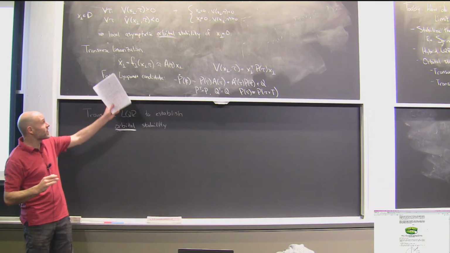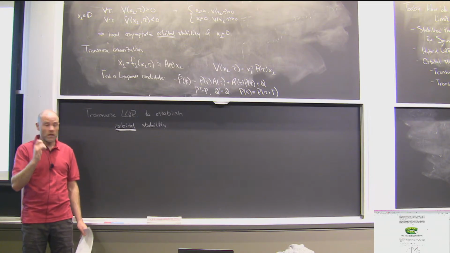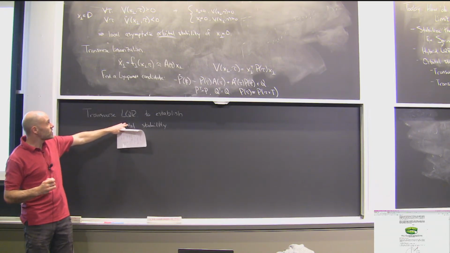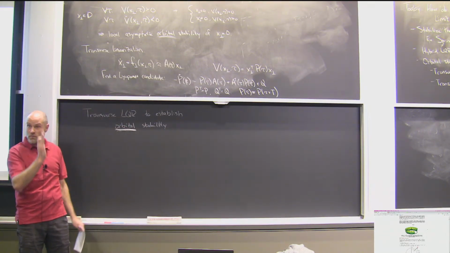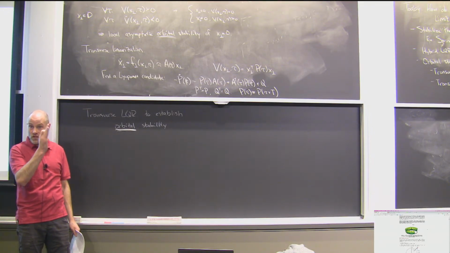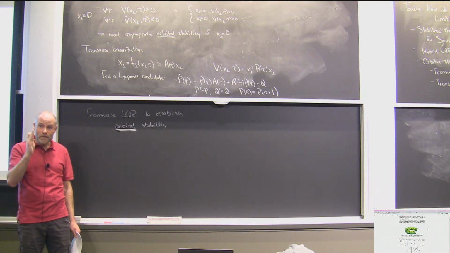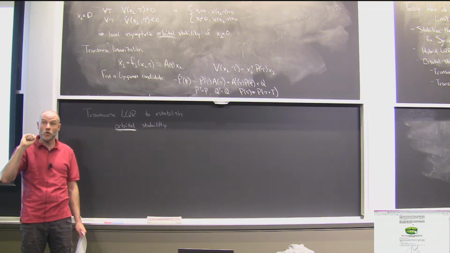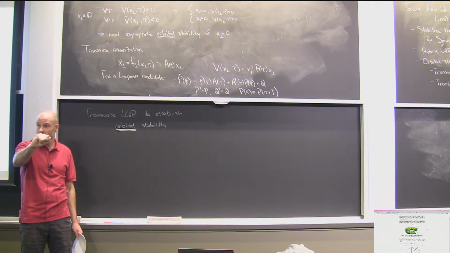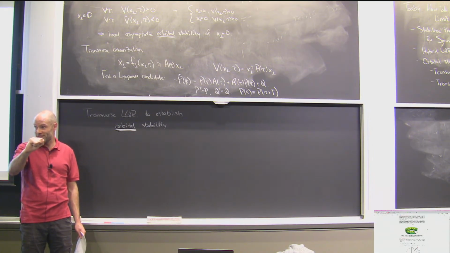Both r and theta in my picture before. If I do LQR only in the blue coordinates, the transverse coordinates, which is in general n-1 dimensional, then I can stabilize the system in a way that if you were to push it along the trajectory, it will not resist.